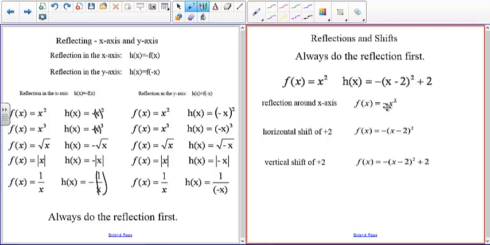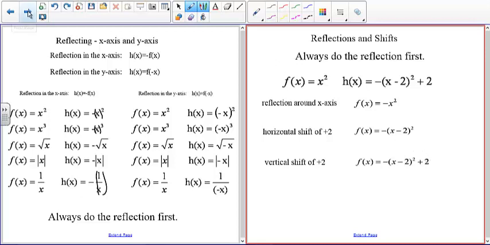Then this part tells you that because this is x minus 2 inside here, you're going to have a shift of positive 2 units. And then finally we add this last term, which is to shift it in the y direction.